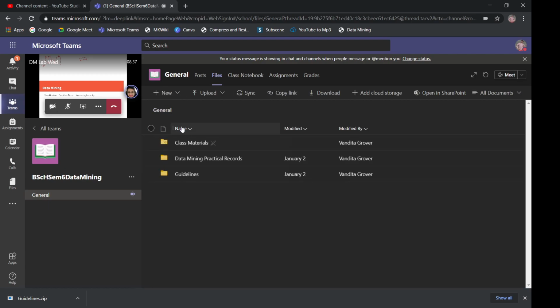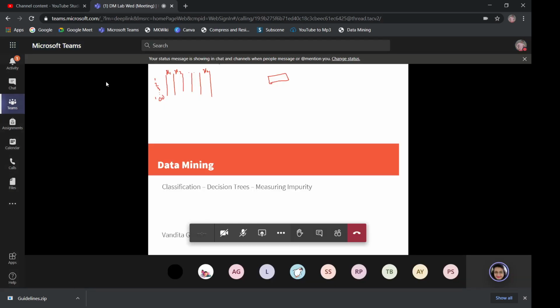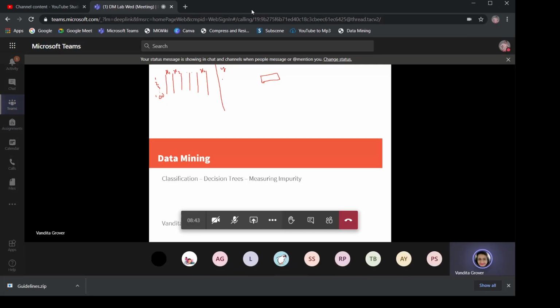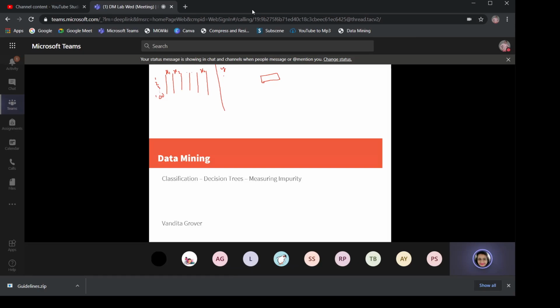Let this be my target variable, and it has some classes. It could be 2 classes, 3 classes, whatever. Now when I start making the decision tree, at the root node I have 100 records.